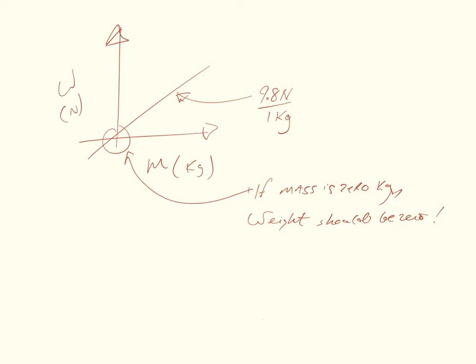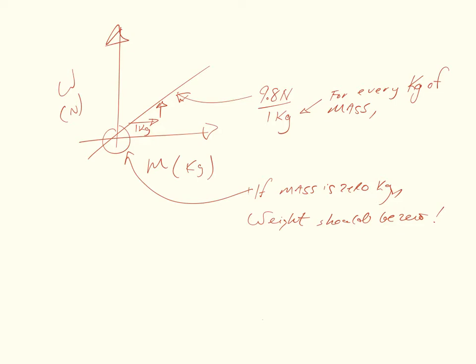And what does the slope mean? For every kilogram of mass, as you go 1 kilogram this way, how much do you go up? 9.8. Good. And what is it that's increasing by 9.8?